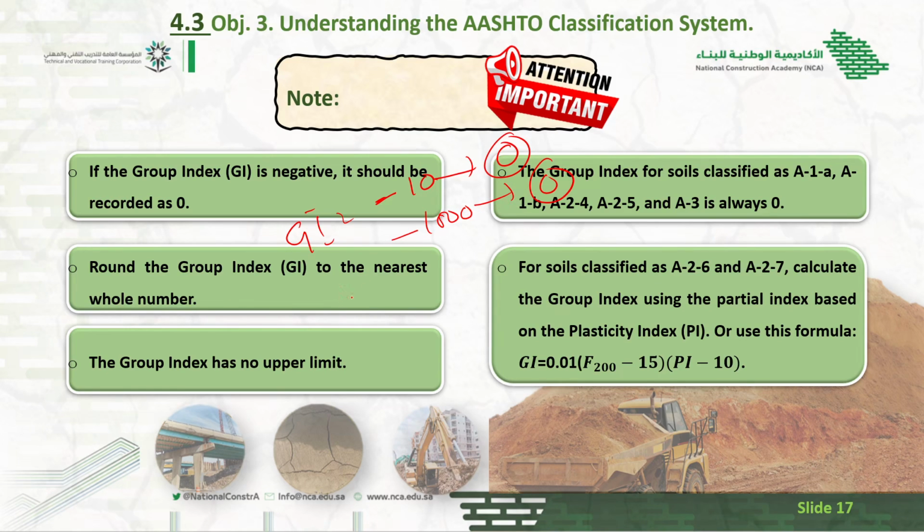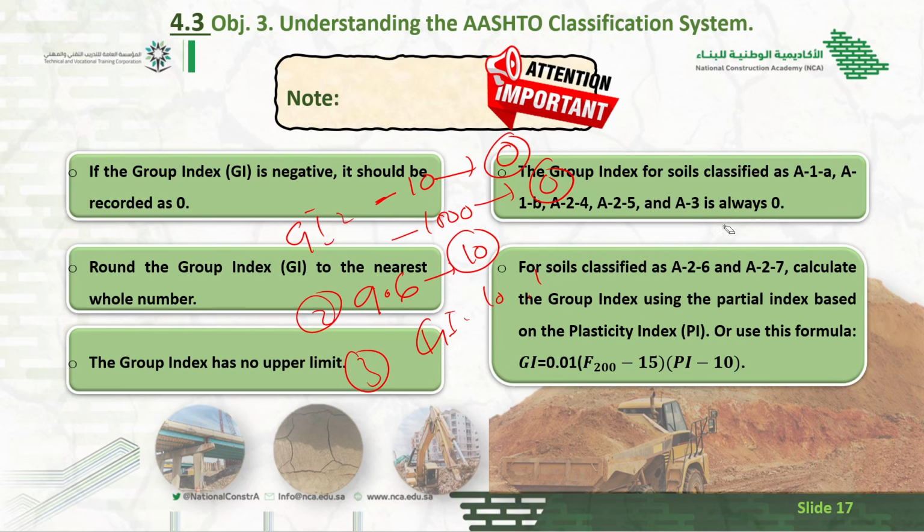Second, if the value comes out as 9.6, you should round it to the nearest whole number, so it is 10. The third rule is that there is no upper limit. The GI value may be 10, 100, 1000, or 10,000. It can be any value, but its minimum value is 0. It is not less than 0.